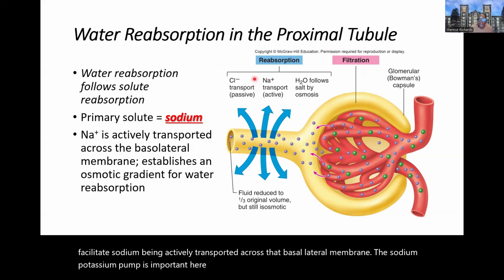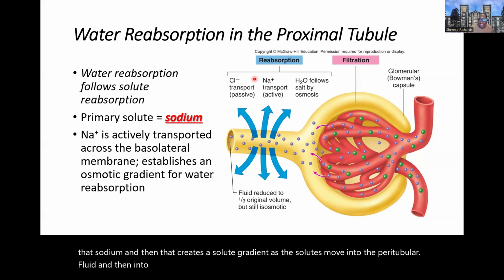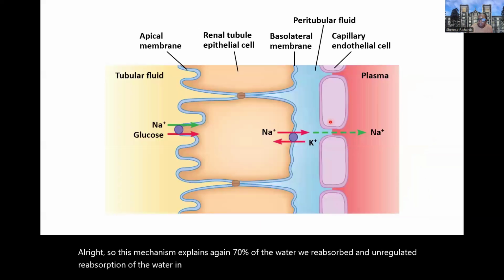Chloride being passively transported in conjunction with that sodium, and then that creates a solute gradient as the solutes move into the peritubular fluid and then into the capillary, and then water can simply follow with the osmotic gradient that is created. All right, so this mechanism explains, again, 70% of the water being reabsorbed and unregulated reabsorption of the water in this part of the tubule.